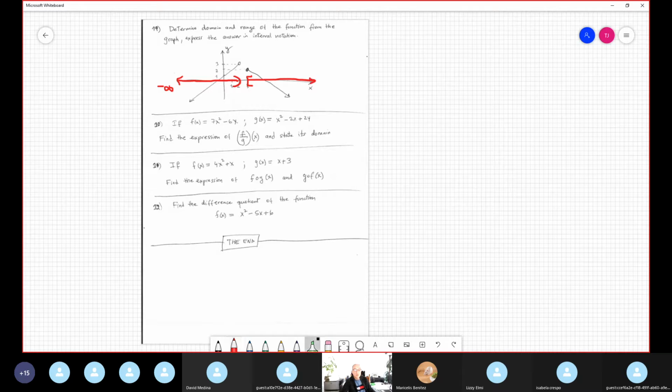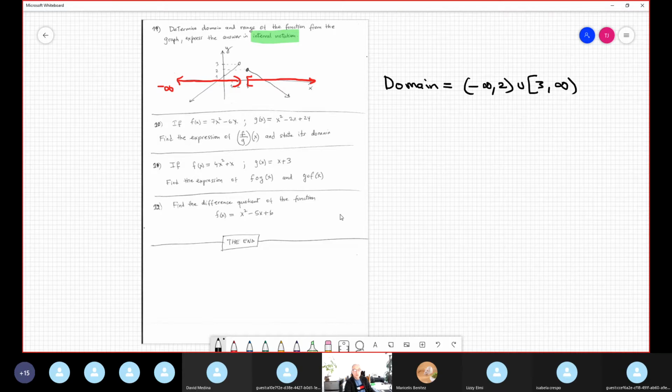Remember, you always need to express any interval using interval notation. Entonces the domain, as I see graphically, is from negative infinity, comma 2, not including 2, union, bracket 3, comma infinity. Okay, this is the domain.